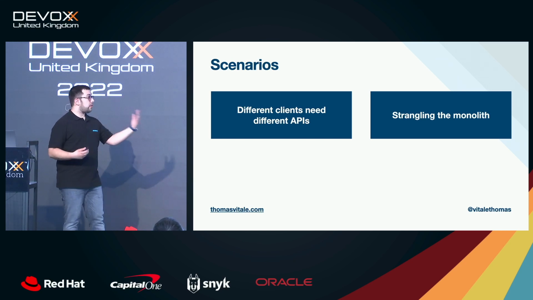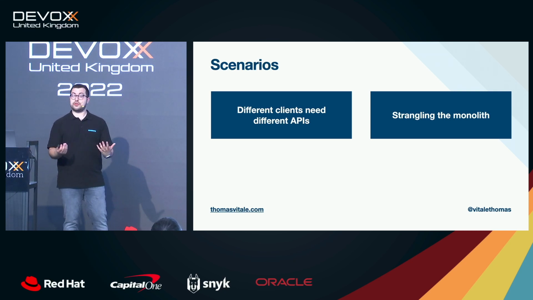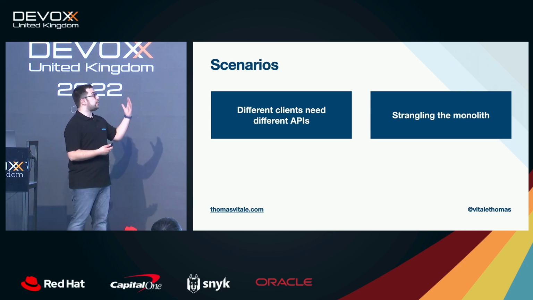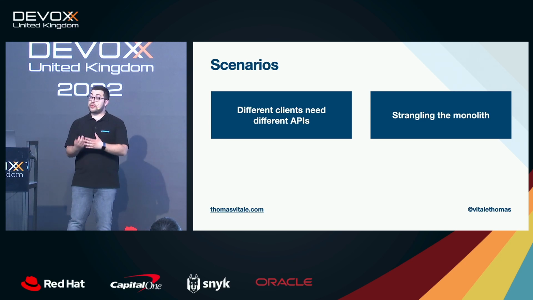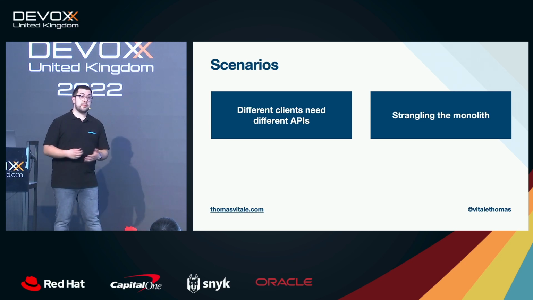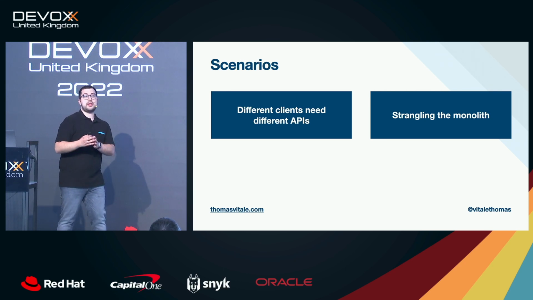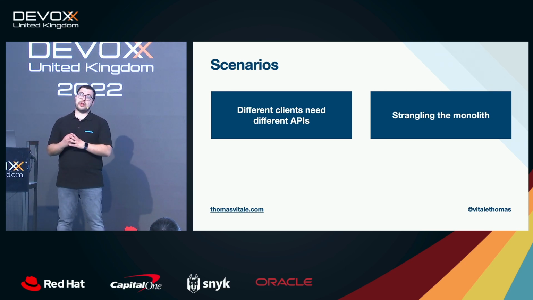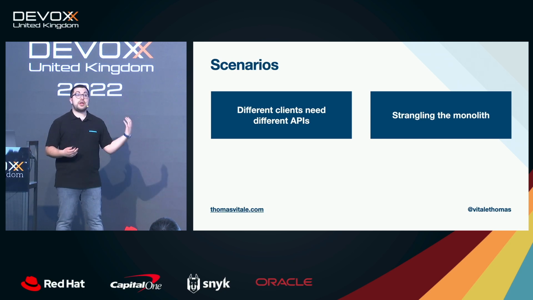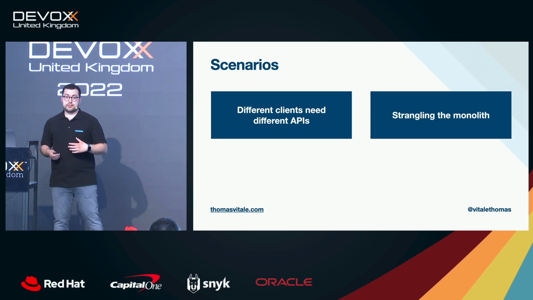The monolith is there, it's producing value, so we don't want to add risks to our system. So what we can do is use a gateway. Once again, we keep the API towards the clients consistent, and then in the backend, we can extract this piece of functionality out of the monolith and create a microservice, but the client will never know that that is happening.